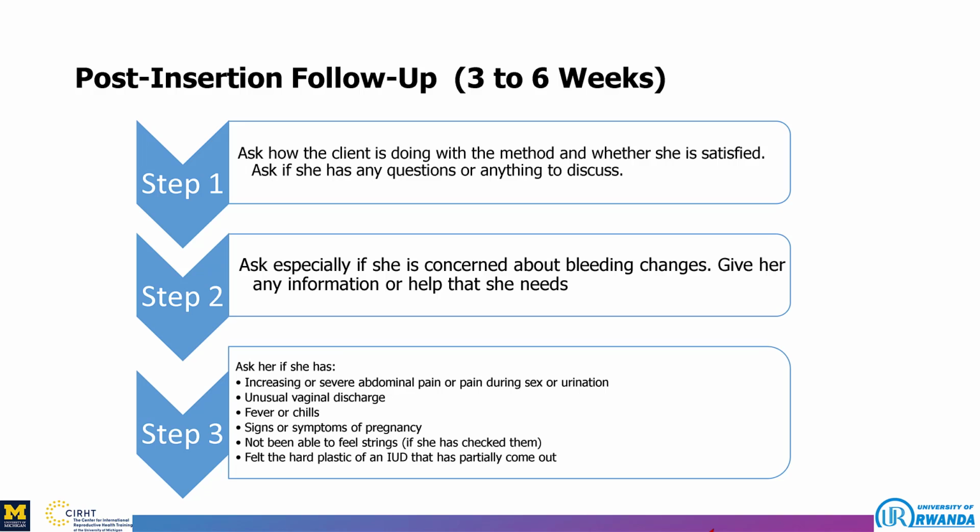Then in step 3, in the follow-up, ask if she has increasing or severe abdominal pain, or pain during sex or urination. For example, if the woman says that she has pain during sex or during urination, you can think of sexually transmitted infection.